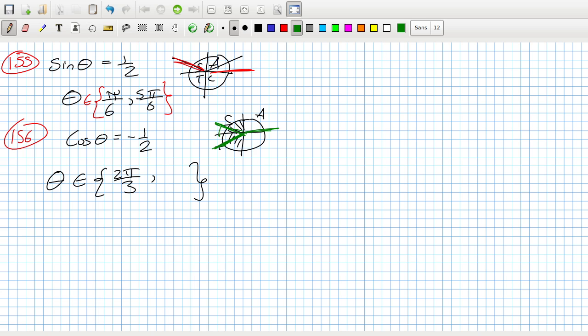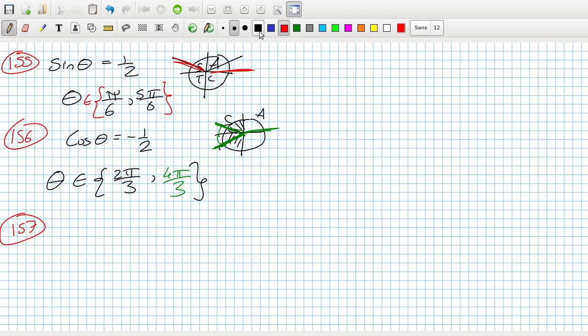That's pi over 3, that's pi over 3, so it'd be 4 pi over 3. You can check the answer by typing in cos 4 pi over 3, and you do get minus a half. And likewise, cos of 2 pi over 3, you do get minus a half. So we're all good.